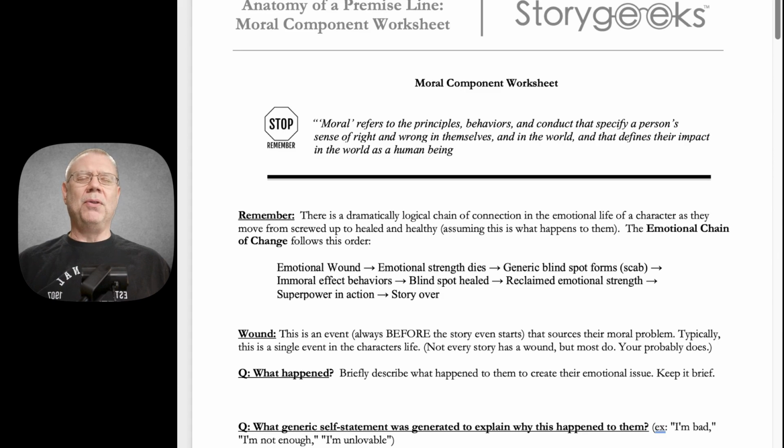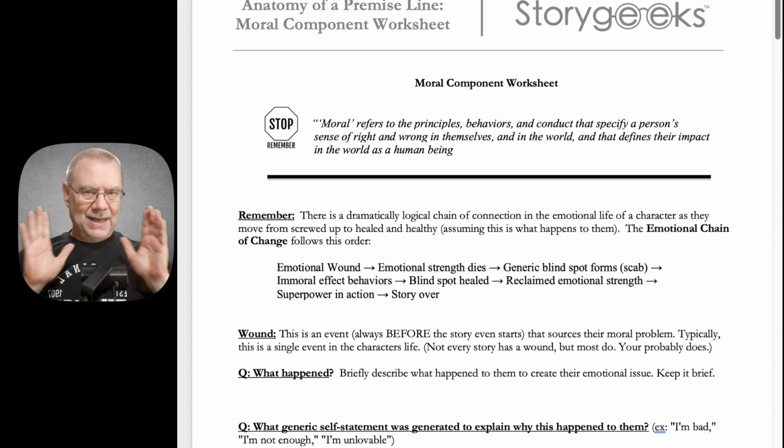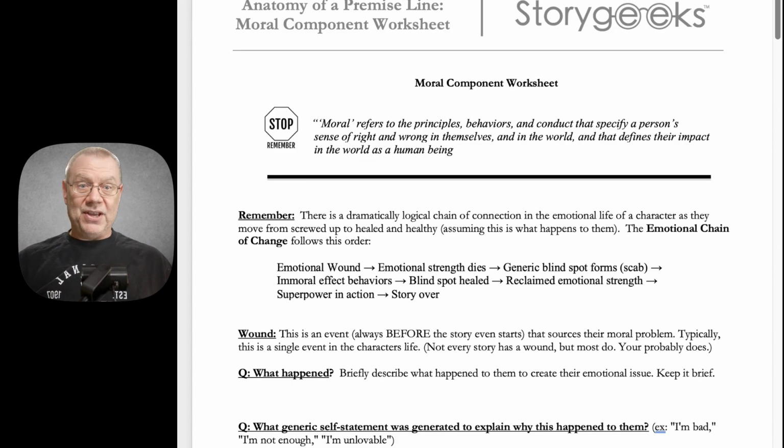It failed them miserably. And as a result of that, something in them died. What died? Hint, hint. The emotion that they leaned up against and that failed them. That strength died. That is something they no longer could trust. It's, you are dead to me. That's what's going on here.